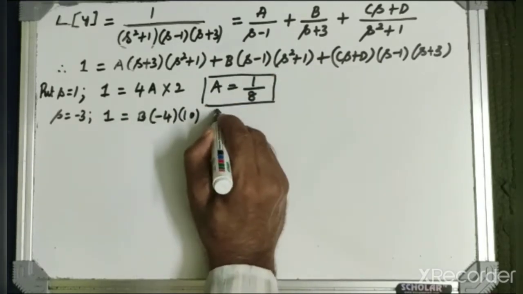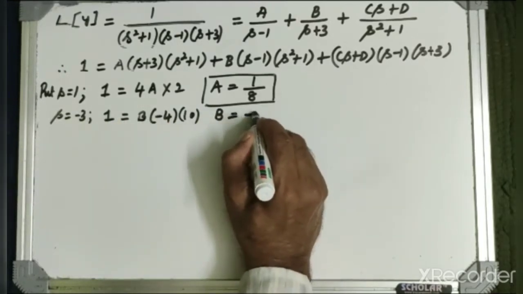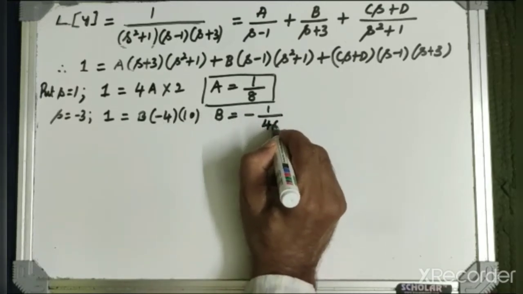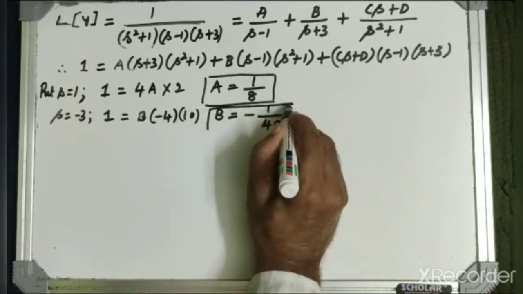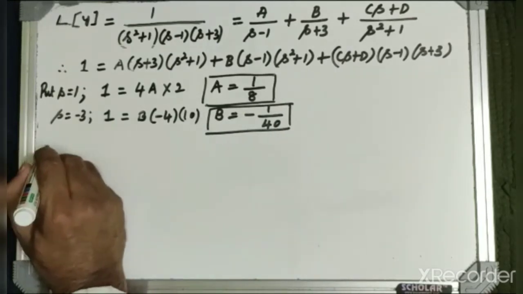So from this, bringing it to the left hand side, B is equal to minus 1 divided by 10 fours are 40. So B is equal to minus 1 by 40.